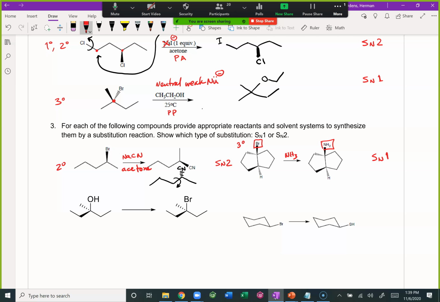All right, so that's that. How about the next example? What is happening here? I'm exchanging the OH, which is a bad leaving group, with a bromine. This is a tertiary alcohol. How can we go from left to right here? How can we make OH into a good leaving group?